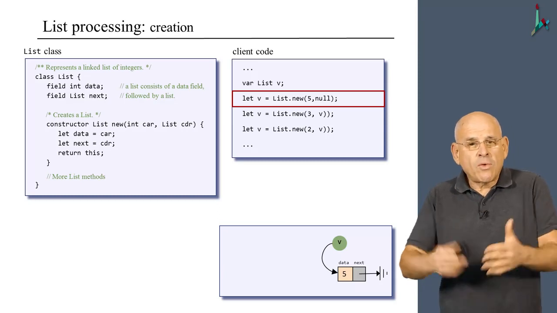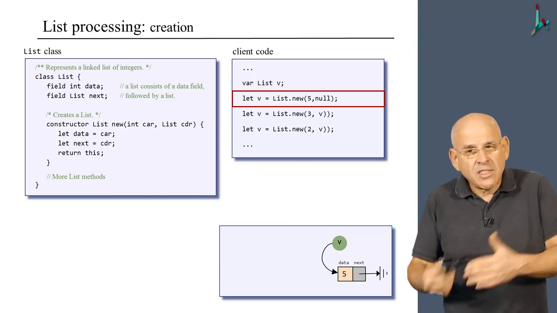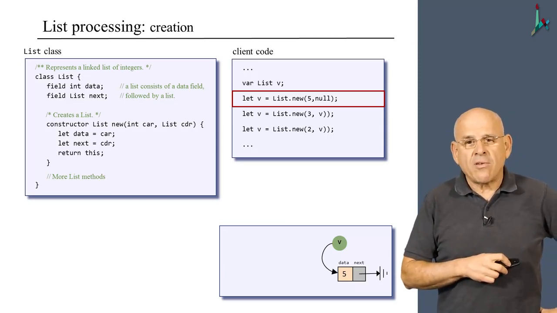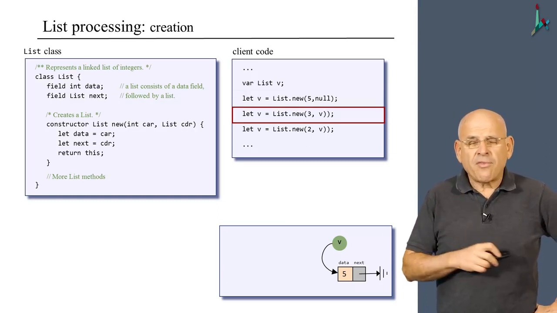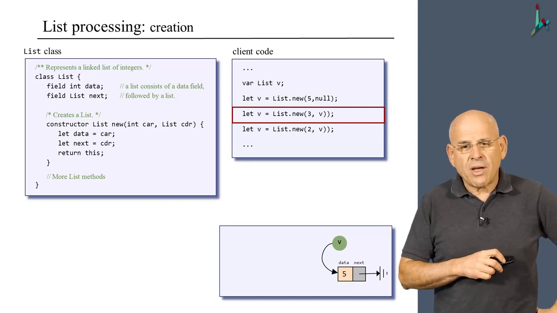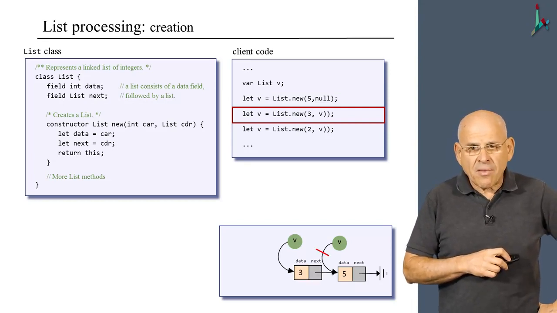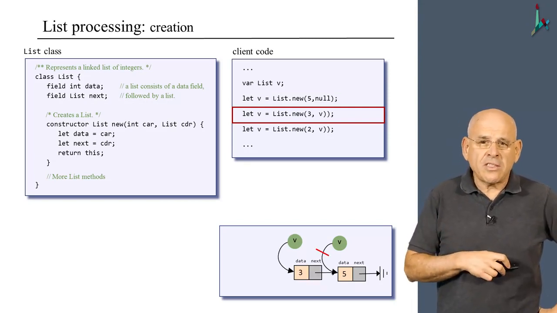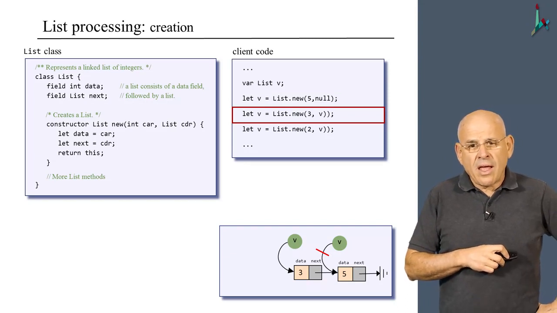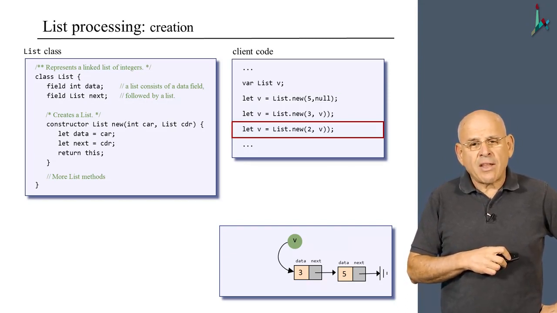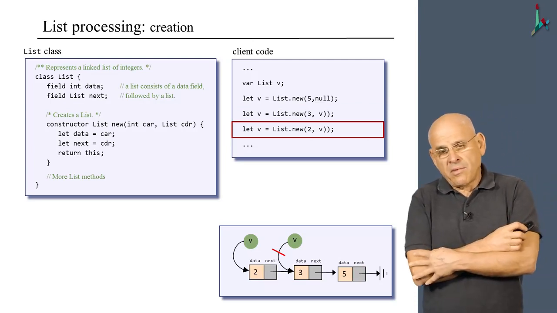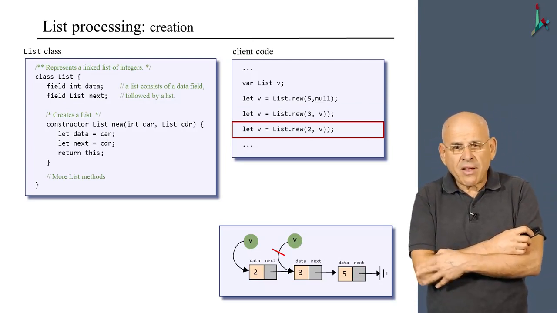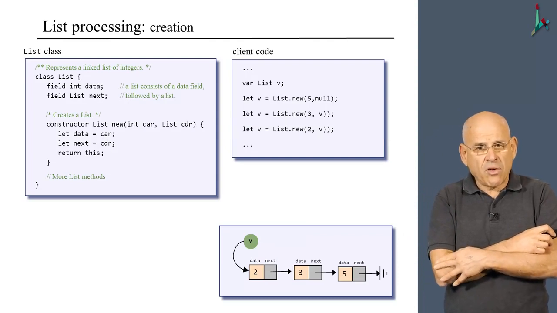Essentially, we say v equals this, because this was the return value of the constructor. Then the next command, if you think about it for a few seconds, will accomplish this thing. By now, the previous version of v is no longer relevant. The next command will do exactly the same, and the previous value of v is irrelevant, and that's the end of the story.